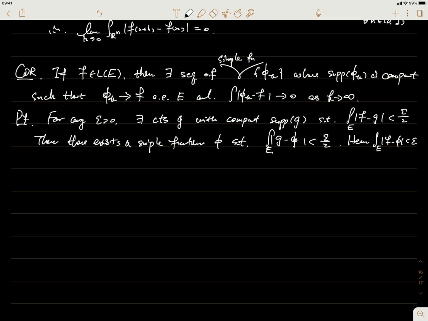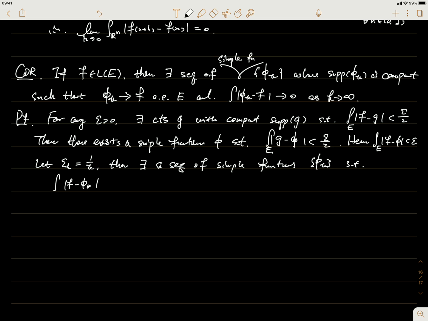Now, since we can do this for every epsilon, let epsilon k be, say, 1 over k. Then there exists a sequence of simple functions, which we call phi k, such that the integral of the difference between f and phi k converges to 0.